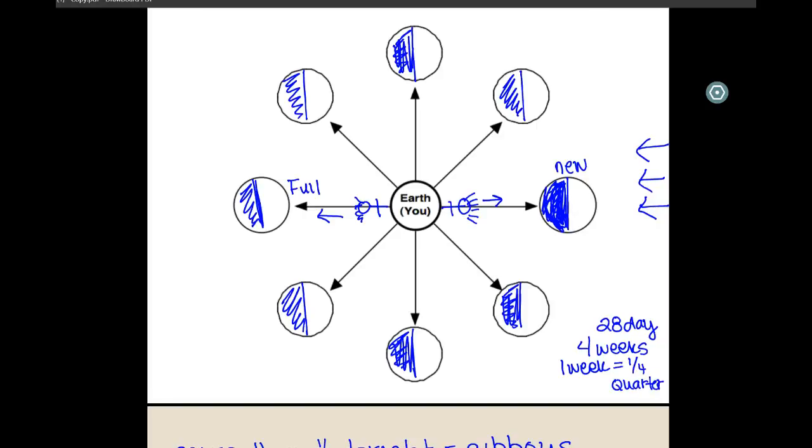So we learned that if it's bright on the right, it's getting bright, so it's going to be waxing. And if it's bright on the left, it's waning. Don't memorize this one orientation because the sun could be coming from the other direction too. It could also be coming from the top or the bottom. We can't tell, it's in 3D.